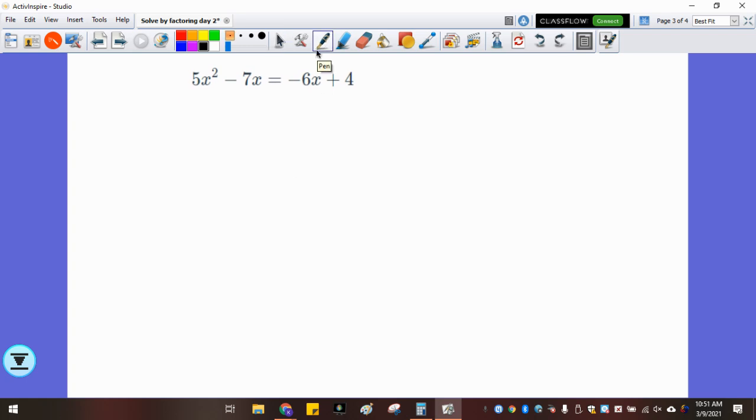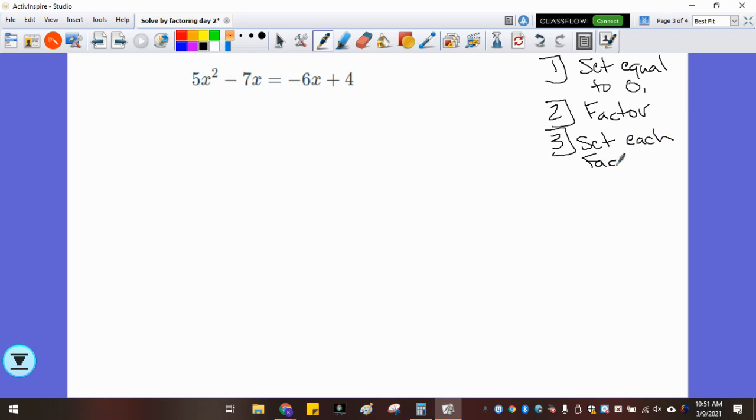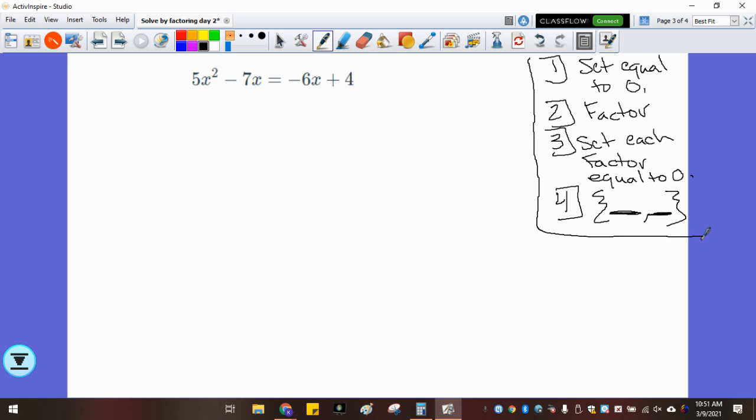So you have to do the reverse box method. You don't have to write your steps, I was just reminding you. You should already have those written down.